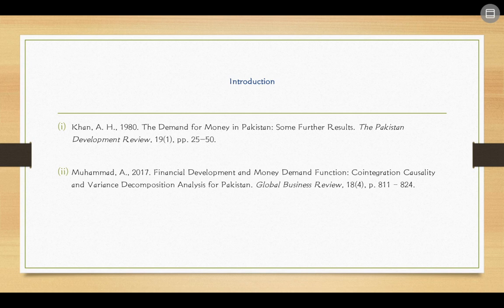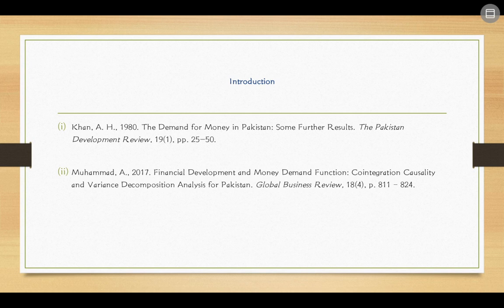This report presents a detailed analysis of the concept of demand for money at the country level. I used two research studies from the Scopus Index journals, Pakistan Development Review and Global Business Review.